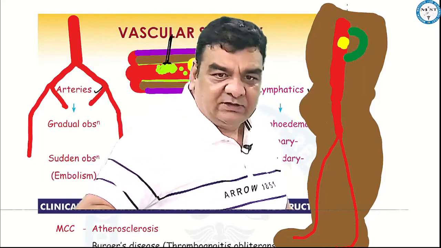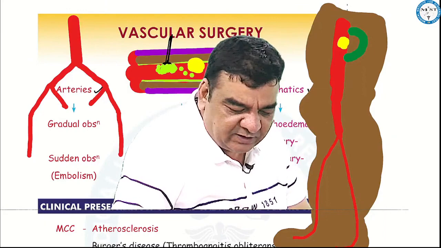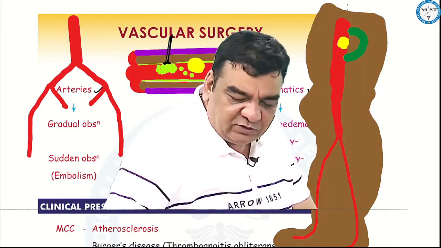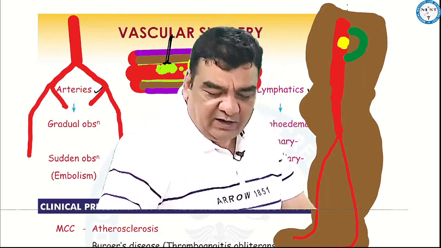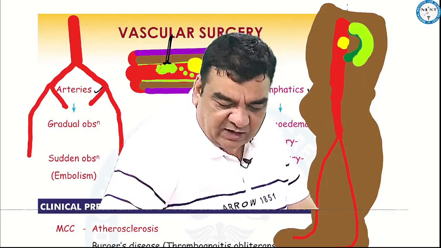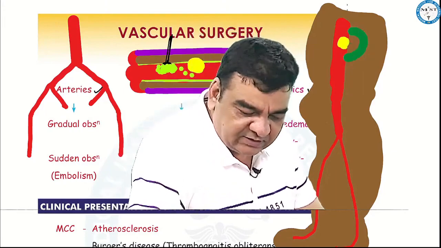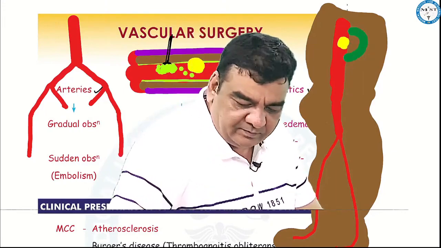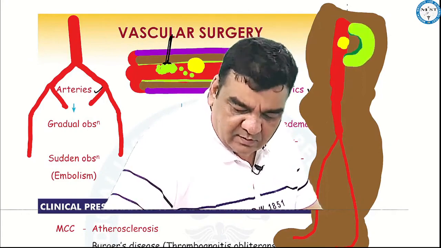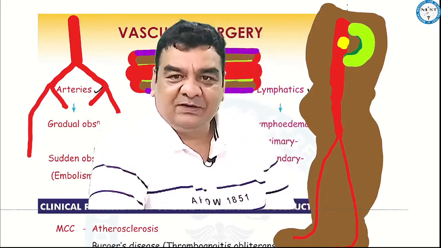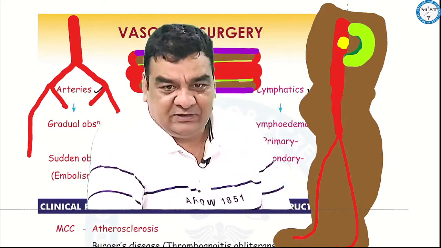If the body is not able to form these bypass channels, then we can form these bypass channels around the obstruction. Not like this. We can form the bypass channels by surgery, and that is what we call a bypass surgery.